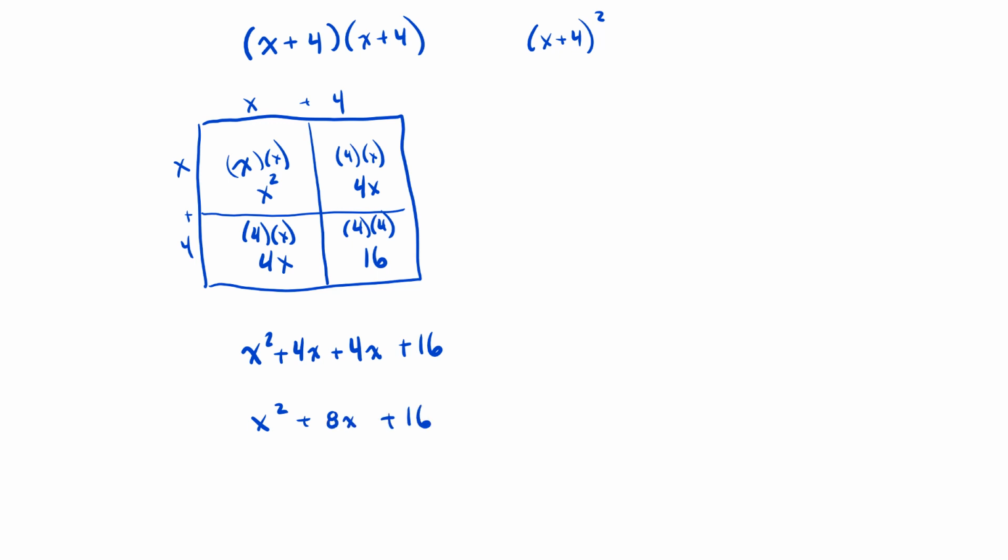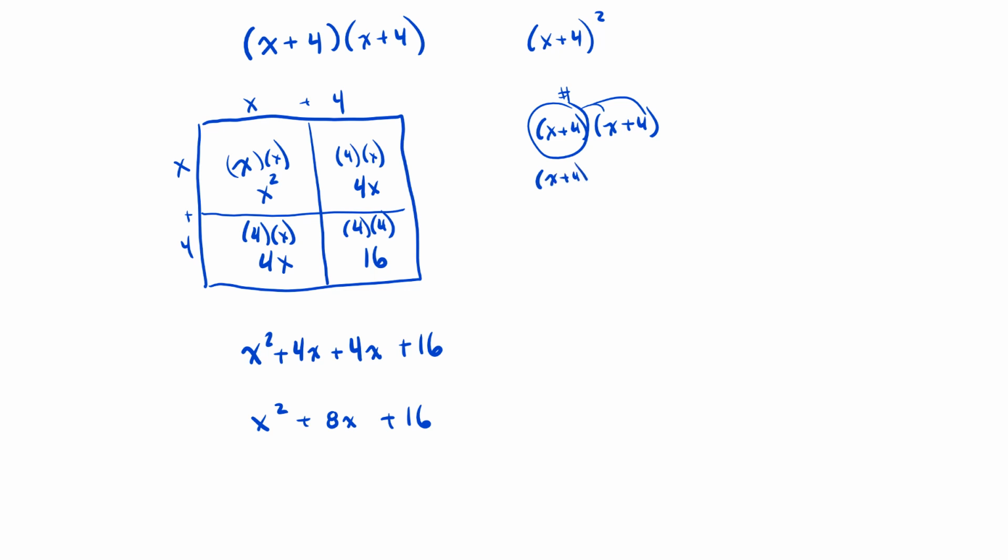Before we look at the structure of this, I want to show that there's another way to do this. Some students like to think about this as using the distributive property instead. And so sometimes we're just going to talk about using the distributive property to expand these. Just think about this as some number that we are distributing across the sum x plus 4.